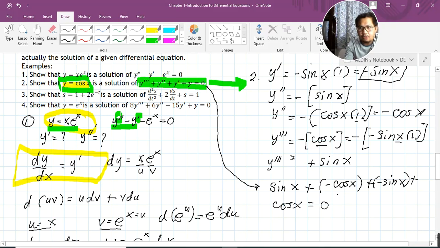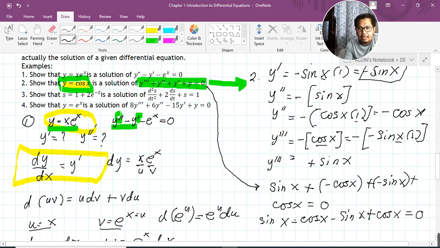O, simplify mo na. So, tanggalin mo yung parentheses para magamit mo yung sign. So this is now equals to sine of x. Positive times negative will be negative cosine of x. Positive times negative is negative. So this is minus sine of x plus... then plus cosine of x, and this is equals to 0.